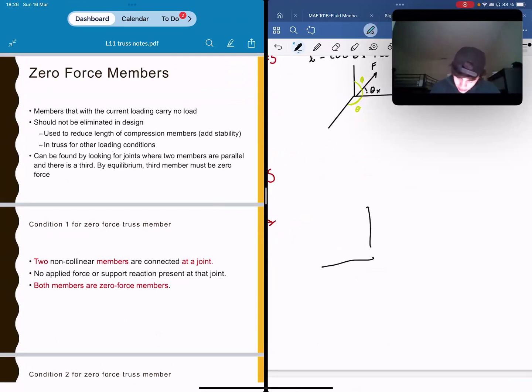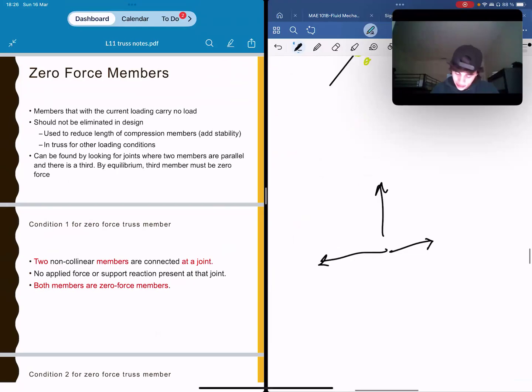So these are three members, right? This is one, this is two. These are two collinear members, right? Just from looking at it, I can see that the two members are parallel to each other, right? So they only act, if they have forces, in the X direction, right?